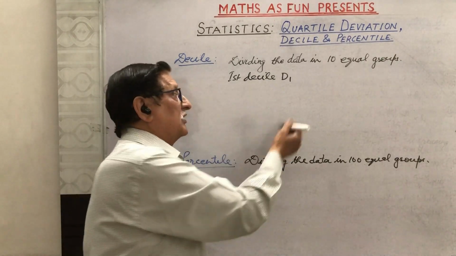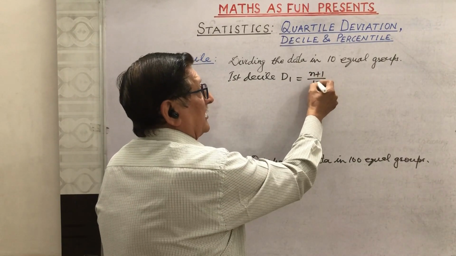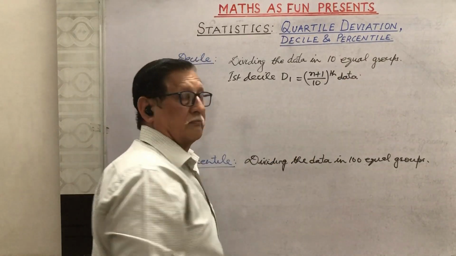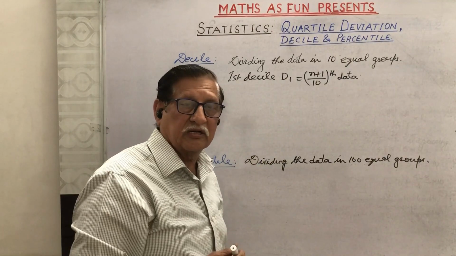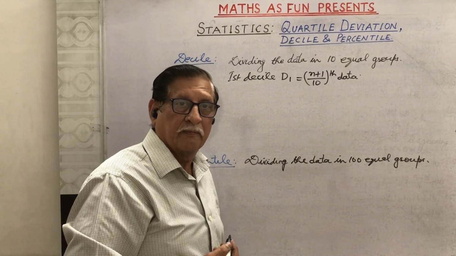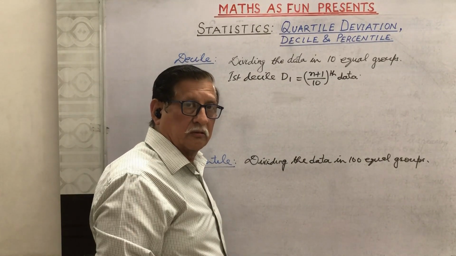And D1 will be given by n plus 1 by 10th data, where n is the number of the data or sum of the frequencies. And so on, we can find out D2, D3, and so on.